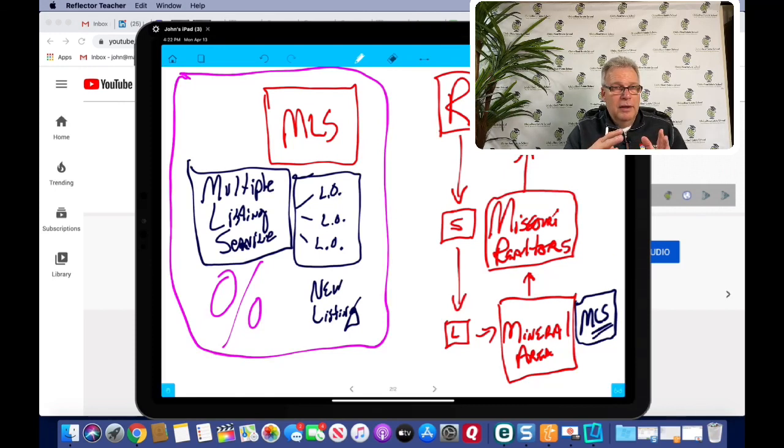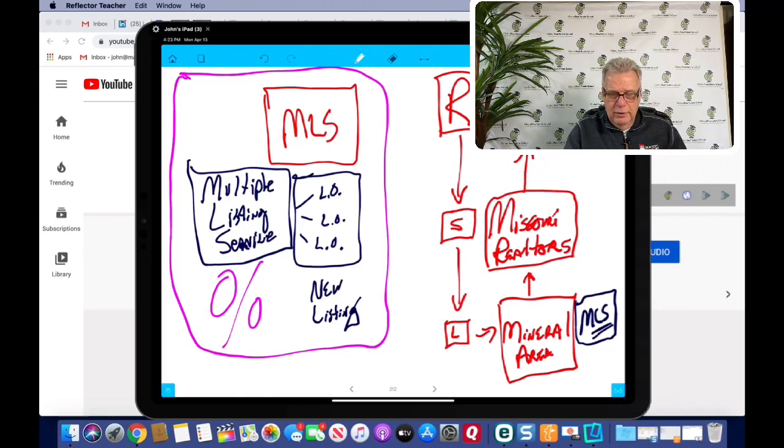If you tried to keep someone from joining the MLS by those underhanded tactics, thinking, well, if we don't let them join the MLS, they won't be able to get listings or market their company very well, and eventually they'll be out of business, that is a violation of the Sherman Antitrust Act.